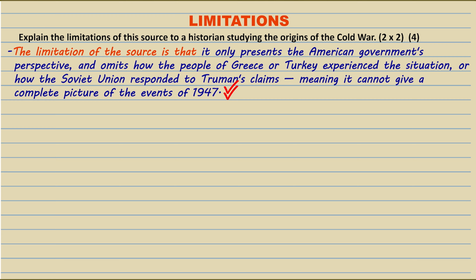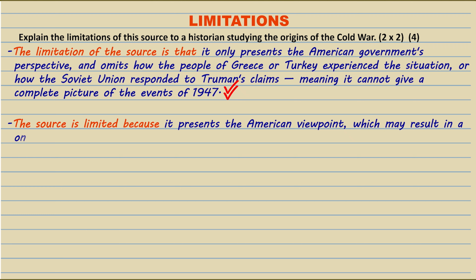We could make this answer more focused by identifying the specific problem created by that perspective. The source is limited because it presents the American viewpoint, which may result in a one-sided interpretation of the Cold War tensions. But perspective is not the only weakness we can identify. We can also look at what Truman was trying to achieve.